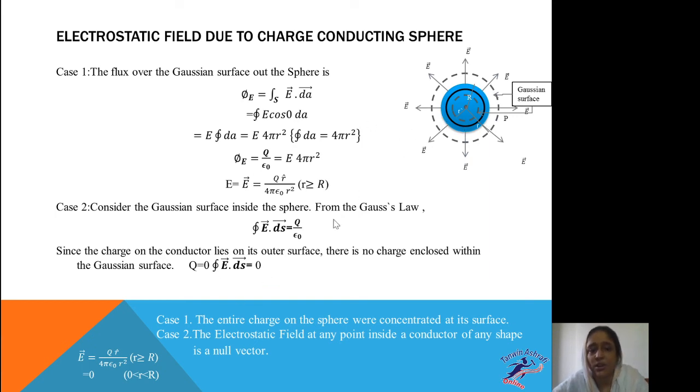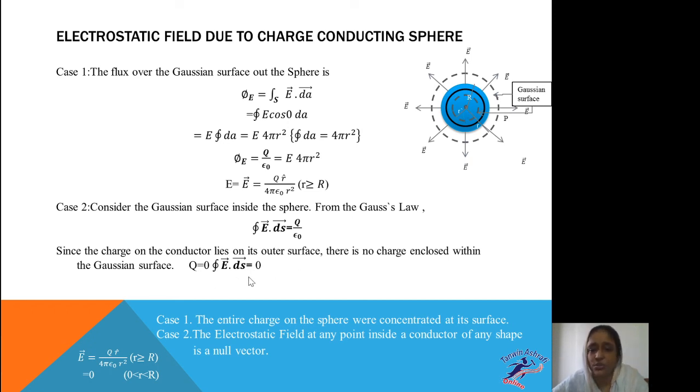Now consider the Gaussian surface inside the sphere. From Gauss law we know that flux is equal to the integral of E dA, which equals Q by epsilon naught. Now when you look inside this Gaussian surface, there is no charge enclosed within that surface, because the charge lies only on the surface of the sphere. It does not lie within the Gaussian surface.